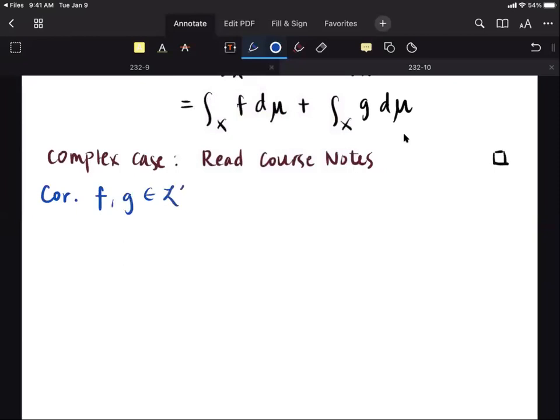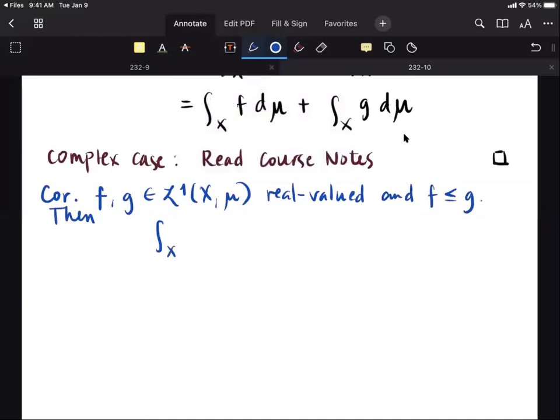So if I have two real valued integrable functions, and f is less than or equal to g, then the Lebesgue integral of f is less than or equal to the Lebesgue integral of g. So you follow the same trick as before.